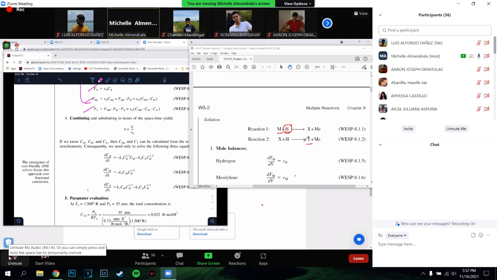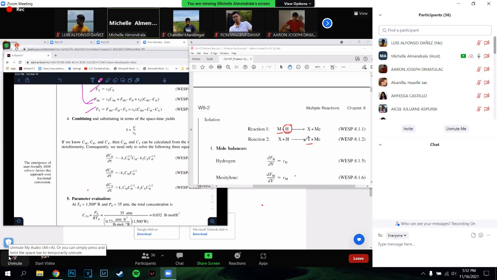Now, this is the second part, defining our tau, your residence time. Volume is known, volumetric flow rate is known, so we can calculate this tau.